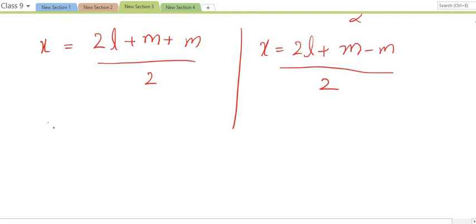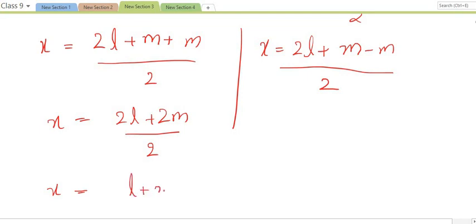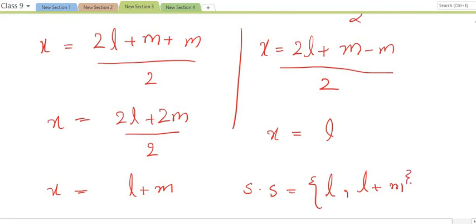This root becomes x equals 2l plus 2m divided by 2l, take 2 common from the numerator and cut it with the denominator, it is l plus m. Okay, and this becomes m cancel, 2l, 2 cancel, l. So the solution set is l plus m.